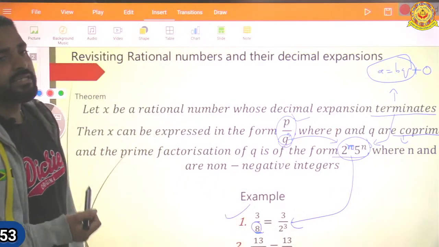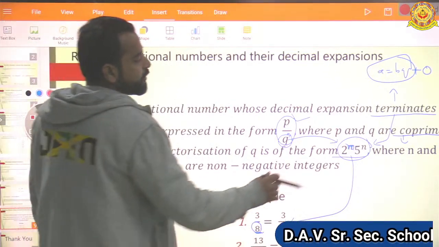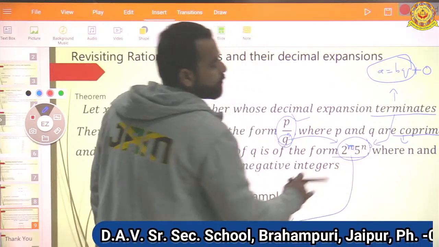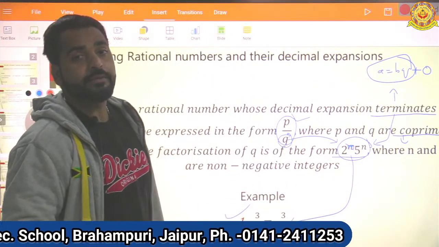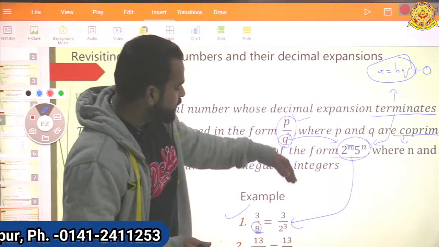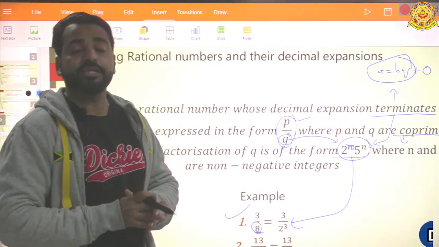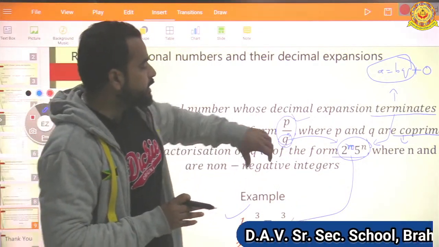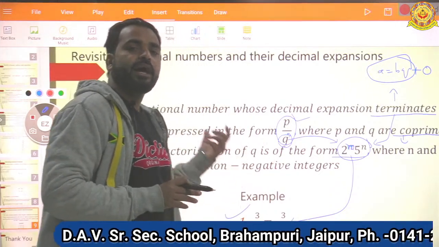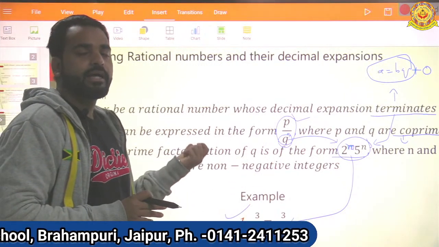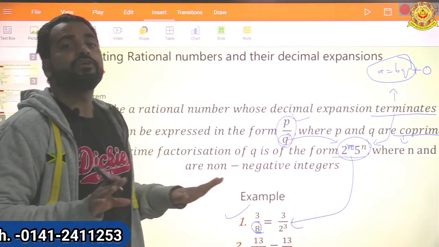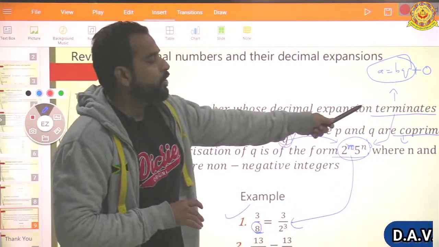So it is terminating. If there is only one of them, whether it is 2 or 5, both cases are terminating. But if there is any factor other than 2 and 5, then it will be non-terminating.